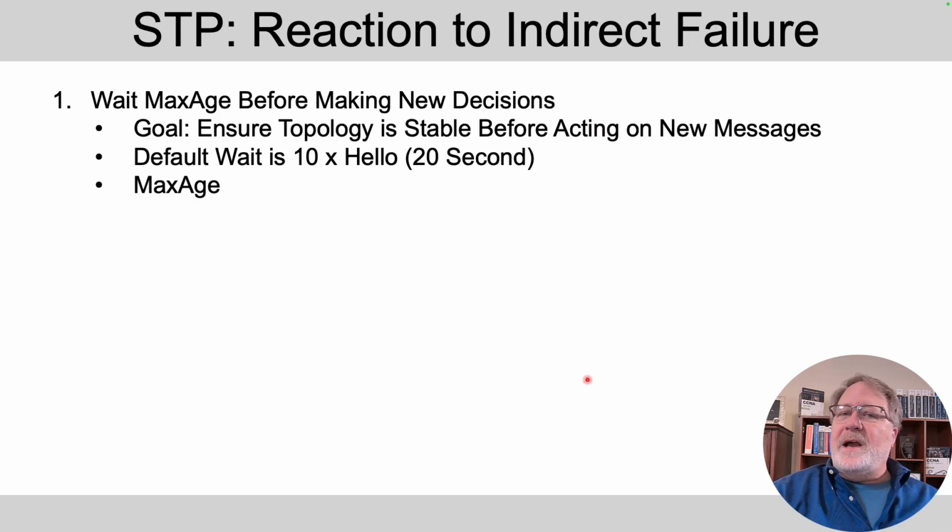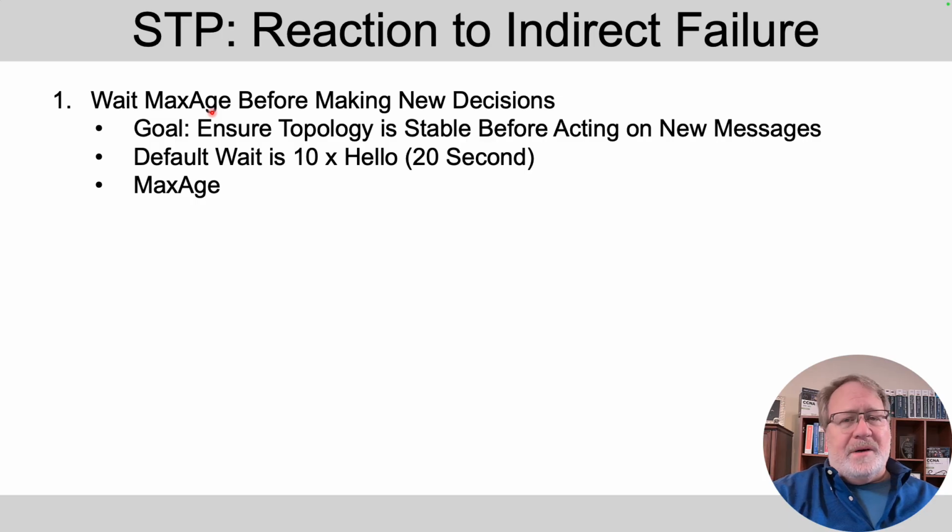So here's spanning tree's reaction for a switch that hears about an indirect failure through these different messages and bits. It's to wait. And it waits max age time before making new decisions. And the idea is, let's let the network stabilize. If things are changing, let's let it all change.